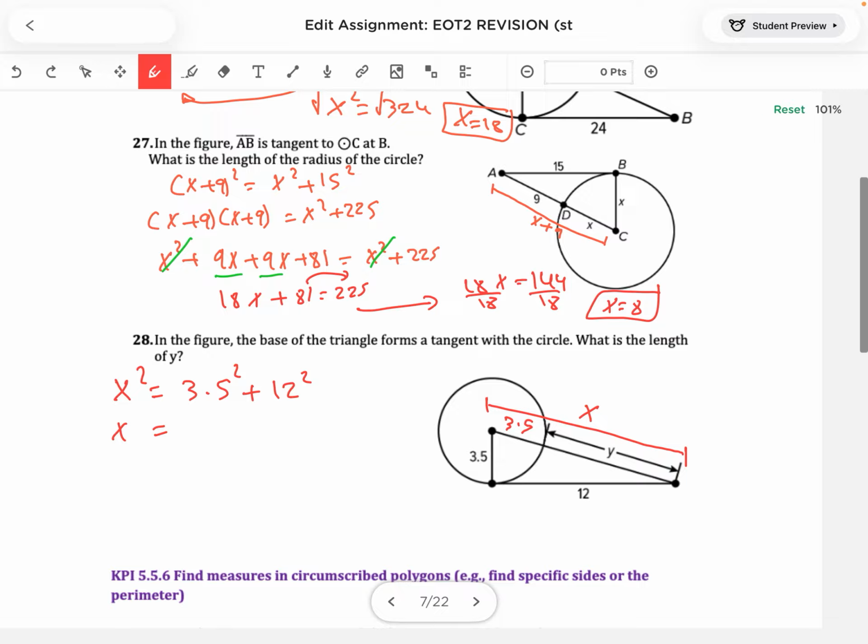So 3.5 squared plus 12 squared equal 156.25. Radical this answer when we take the square root. So x will be 12.5, which is the same as y plus 3.5. That means y is 9.